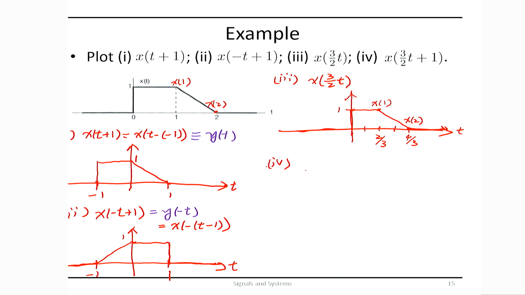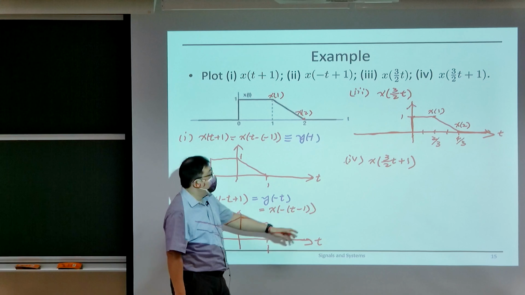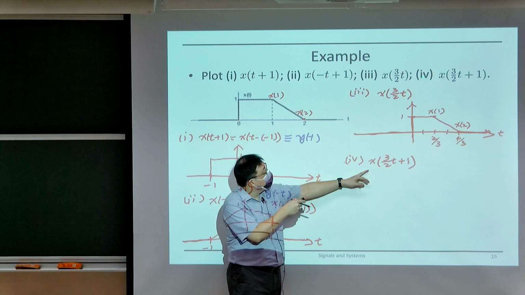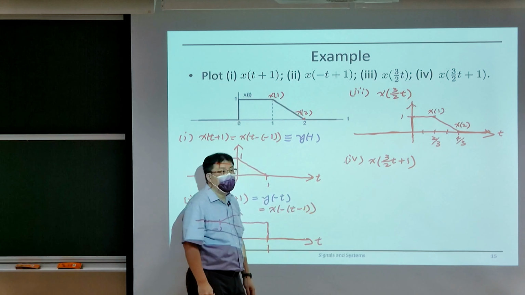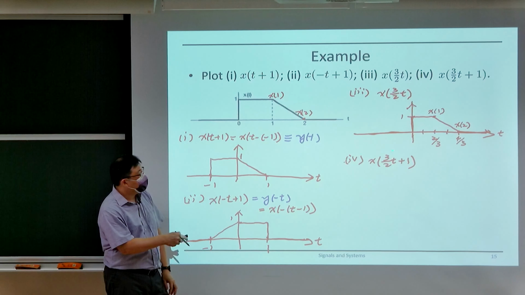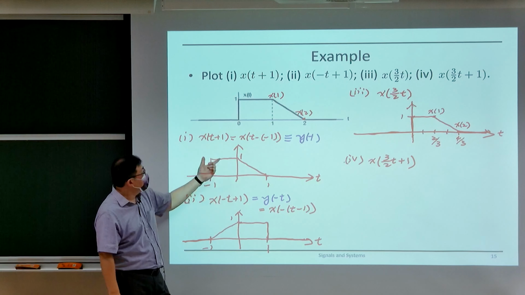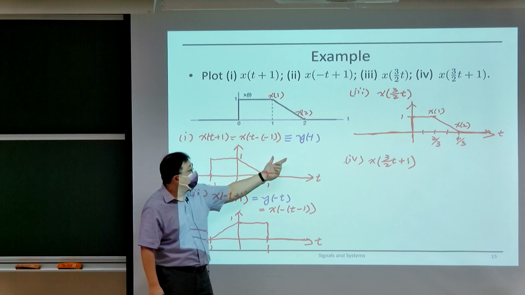For the fourth example, we have x of 3 over 2 t plus 1. Now you can look at this in two different ways. You can view this as a time shift of this signal, or you can view this as a compressed version of this signal, or in particular, y of t.